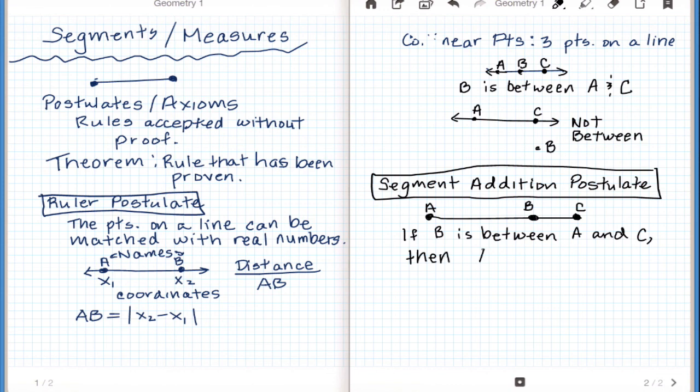Then the length of AB plus the length of BC should equal the length of AC. And that's all that postulate is. It's just saying if you add together the 2 segments, it should equal the entire segment. So that's all we have for today, segments and measures. So the thing that you need to know when you come in is the ruler postulate and segment addition postulate.